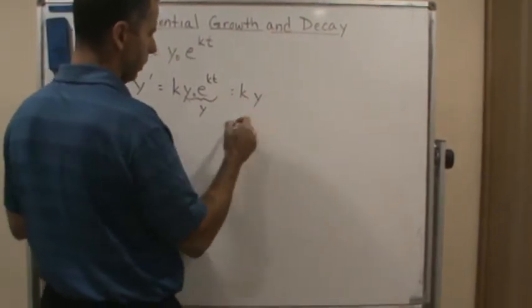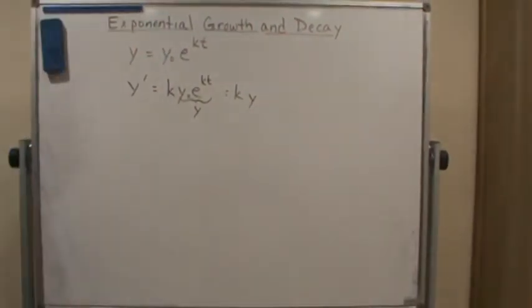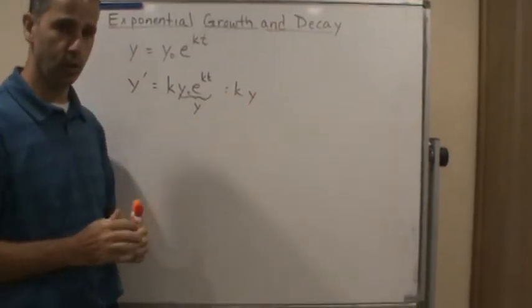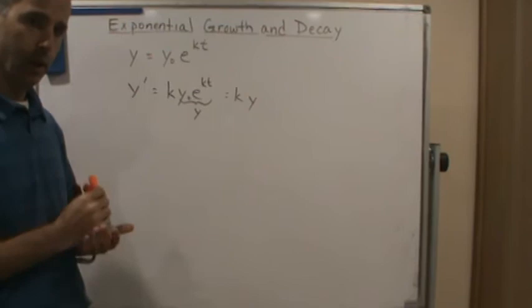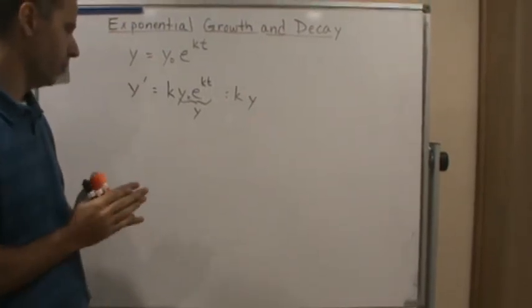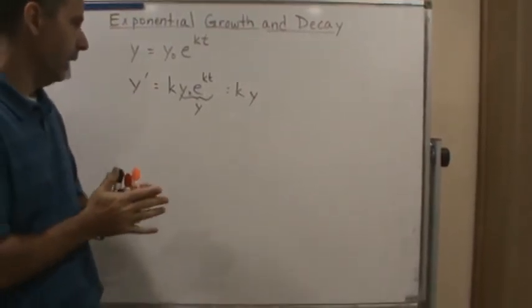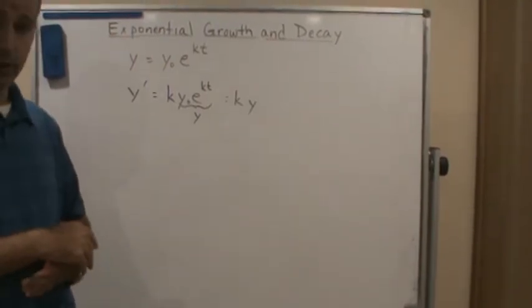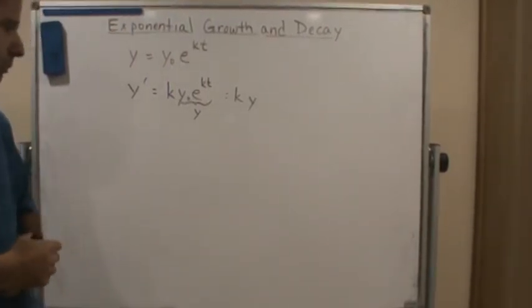So we get k times y. And so we see the growth constant is directly proportional to the current value of the function. Okay? And that's an important characteristic of exponential functions, growth functions like these.